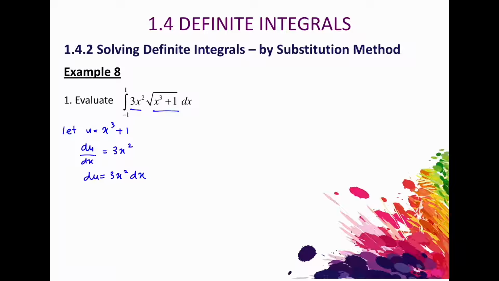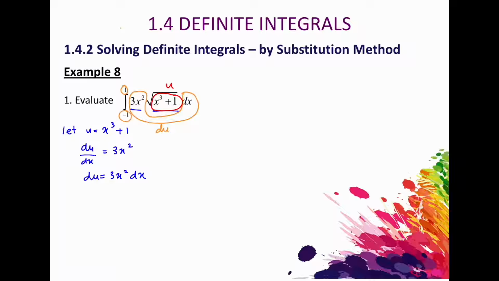From the question we can see that 3x squared dx can be replaced with du, and x cubed plus 1 can be replaced with u. So we're not changing the boundaries, therefore we don't have to make any calculation to change the boundaries of -1 to 1.